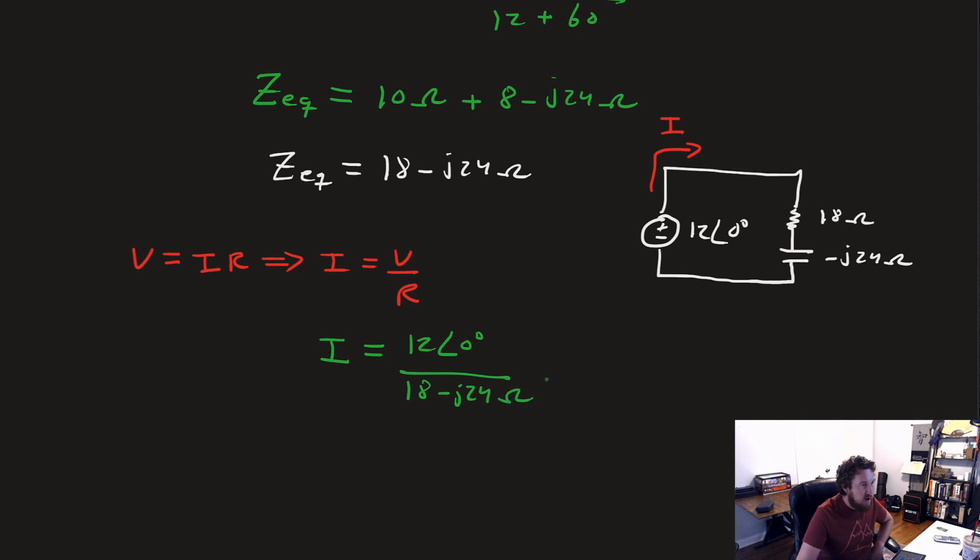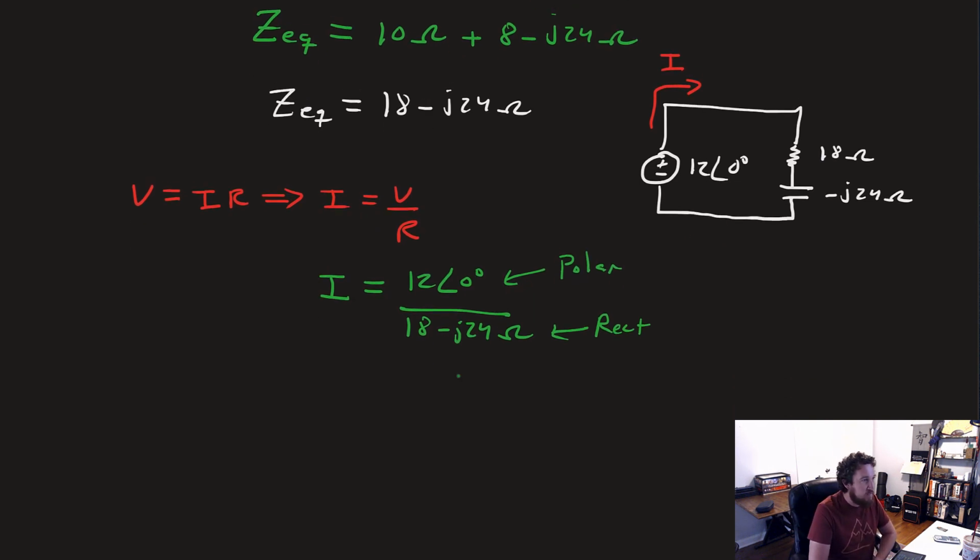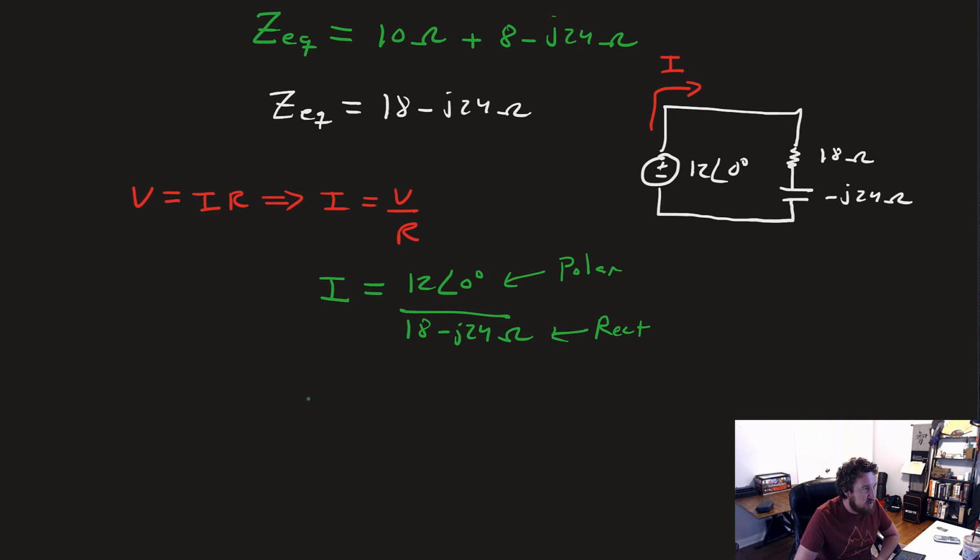Now the denominator here is given in rectangular form. This top one is given in polar form, so we'll need to change one of them. We'll always change from polar to rectangular. Although since it's at 0 degrees, it's pretty easy. The rectangular form is just 12 over 18 minus J24.